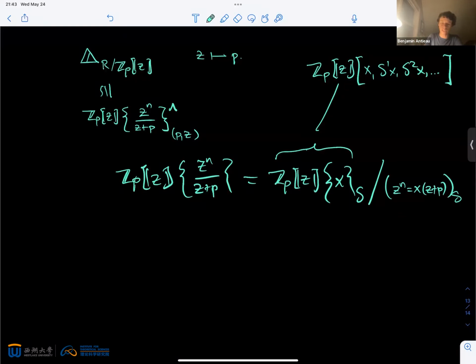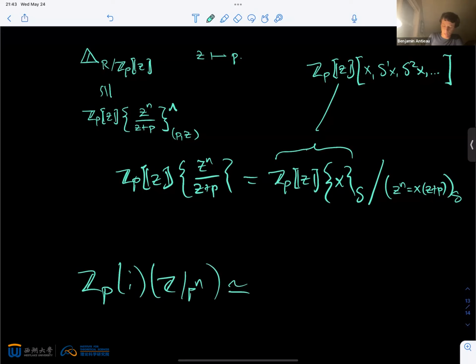So specifically, what we prove is we construct a specific representative. This lives just in the derived category, but we construct a specific cochain complex representative that looks as follows.